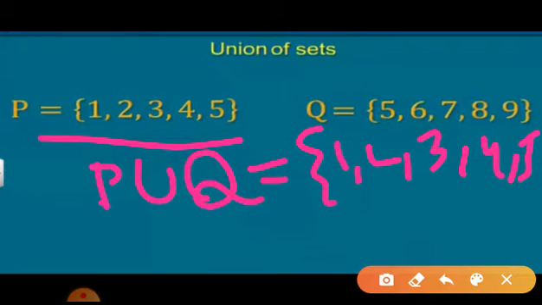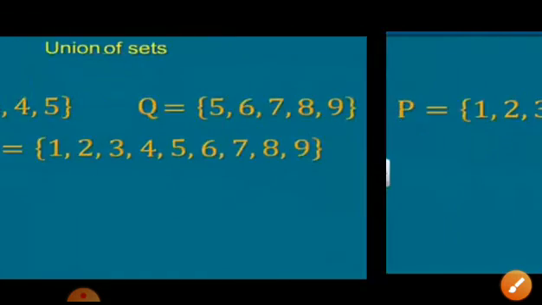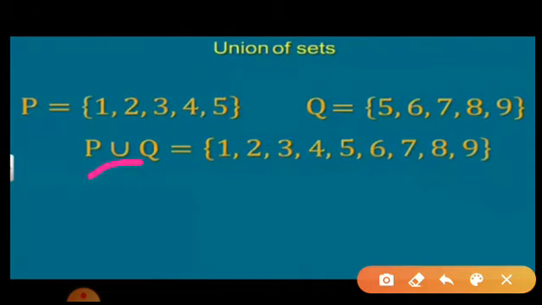But 5 I have already written, so no need to write that 5 again. It should be 6, 7, 8 and 9. Okay, so this is your union set. The union of the sets consists of the elements of the first set or the elements of Q or both. So we get P union Q as this set.